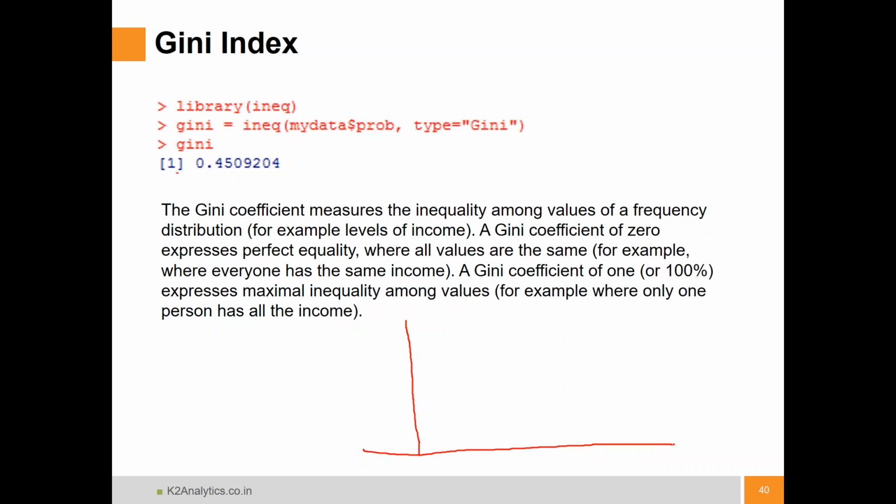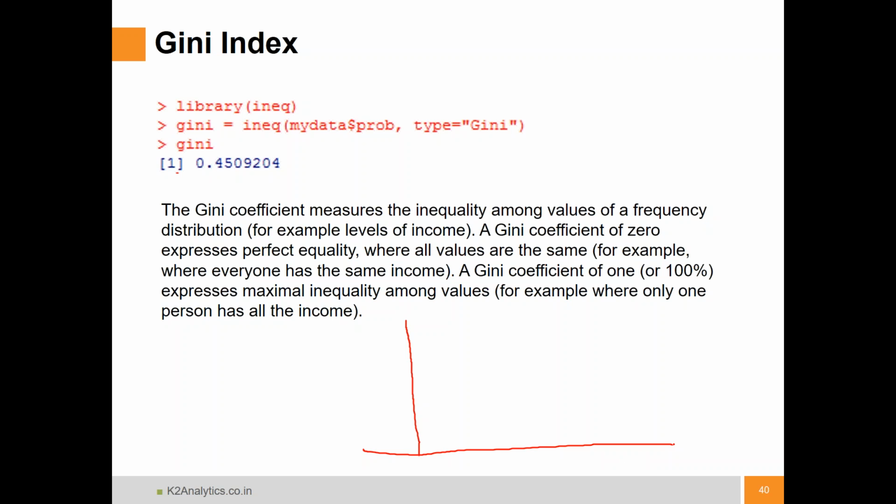So the way it is measured, what he proposed is, if I order all the people from their wealth ownership point of view, the poorest people at the bottom and the richest person at the top, and then start seeing what is their ownership.